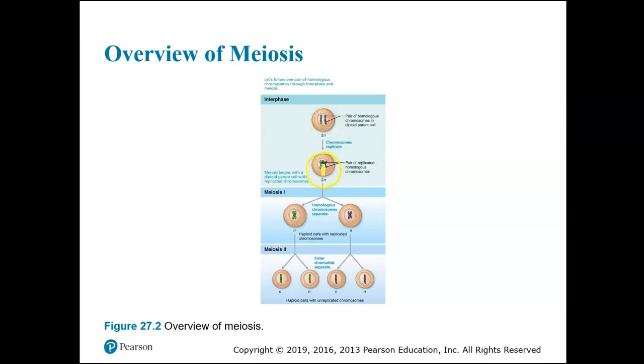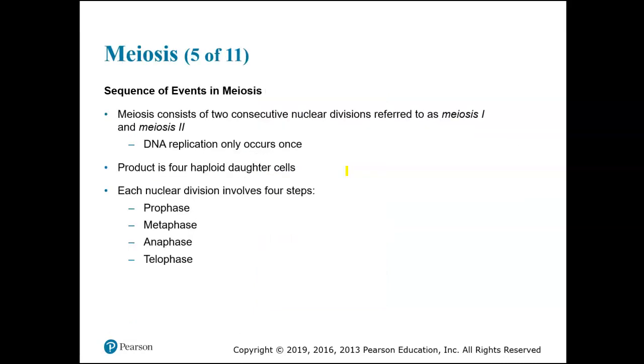They're going to replicate, and each of these are going to have sister chromatids. They're going to have duplicated chromosomes, which look like the letter X. They consist of 2 sister chromatids attached together. Those sister chromatids are identical.